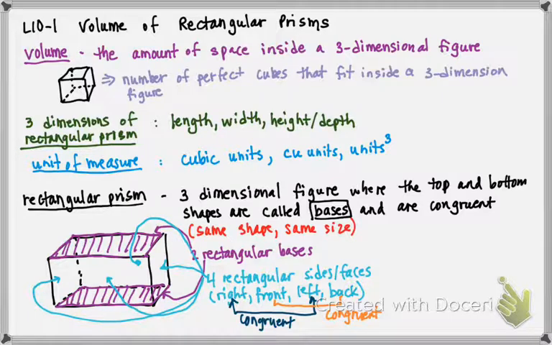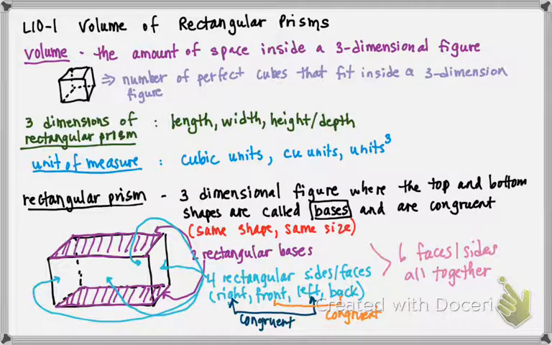So, again, bottom line, we've got 6 faces or sides altogether. So even though we called the top and the bottom bases, we could still call them faces or sides, okay?